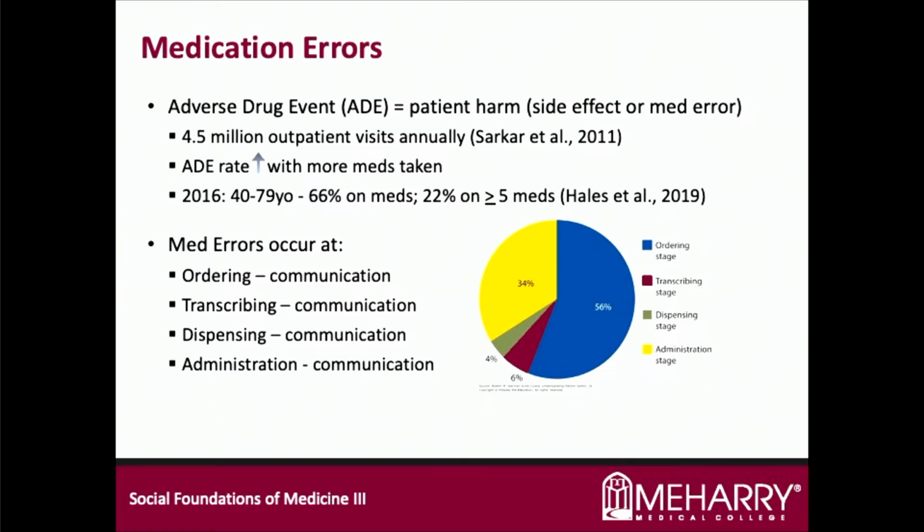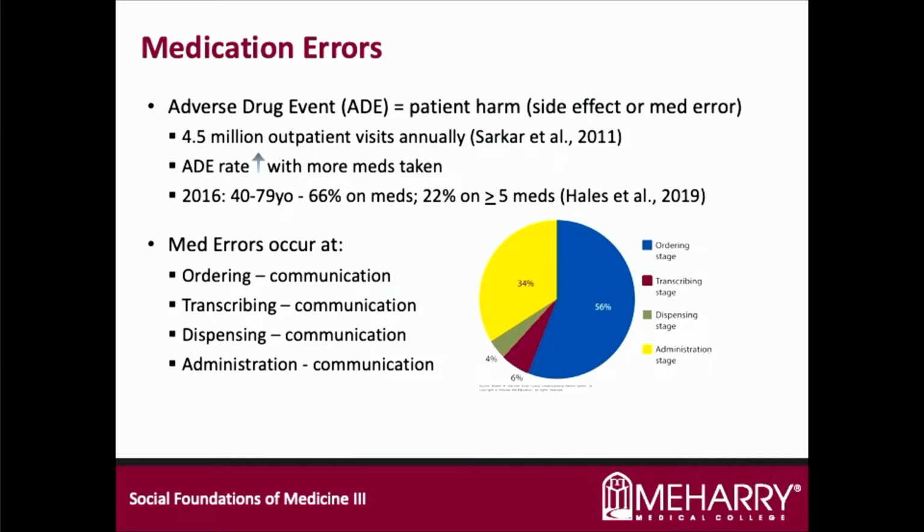You'll notice that every one of those I put communication next to, because that is one thing you'll see that runs as a thread of commonality through all of these errors, is the importance of communication. Looking at the bar graph, you'll see that the majority of patient medication errors occur during the ordering stage. And next comes the administration stage, when the medication is being given or is being taken.